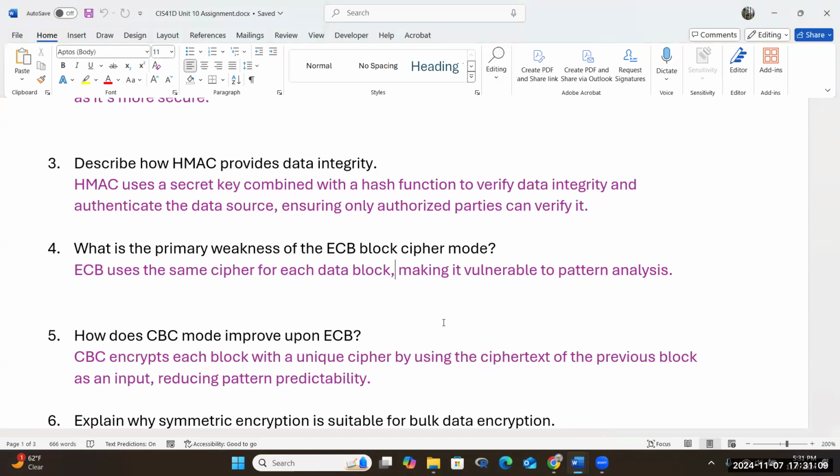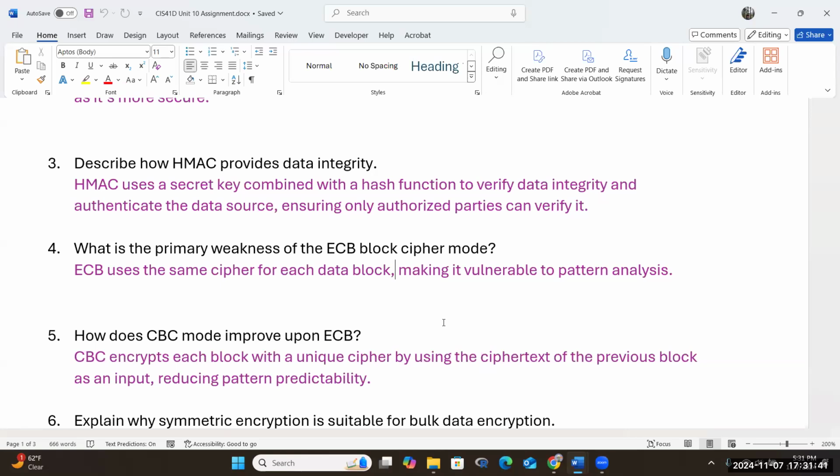And next, we're going to talk about blockchaining. Using CBC is going to help you improve on ECB. A lot of acronyms in this field. CBC encrypts each block similar to ECB. It is a block cipher mode, but it's using a unique cipher so that it is not predictable with the pattern.